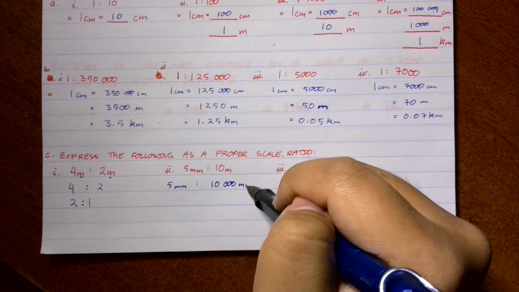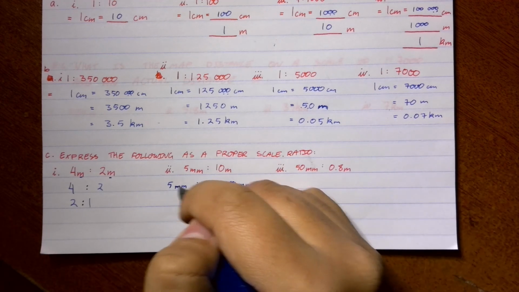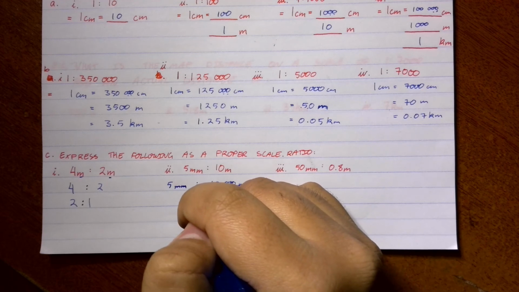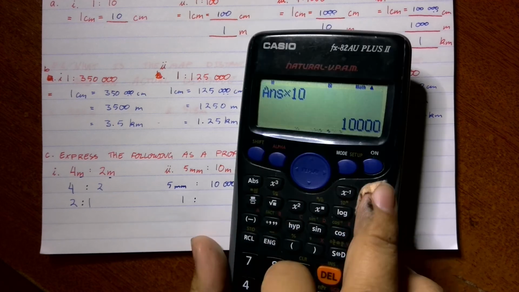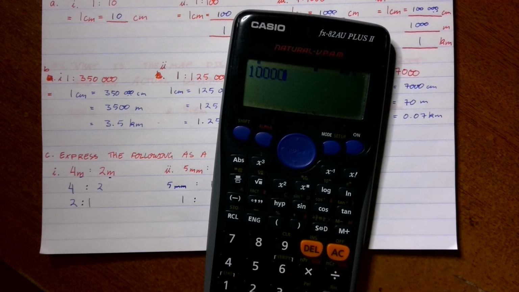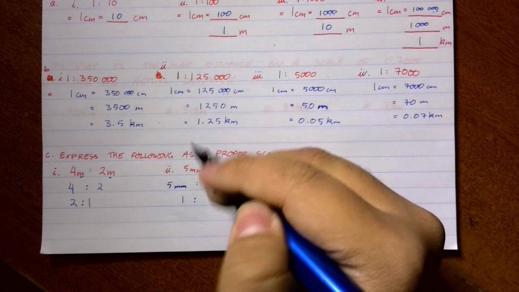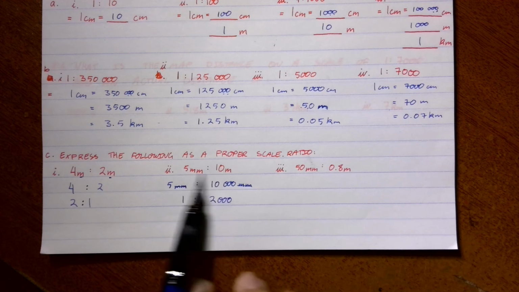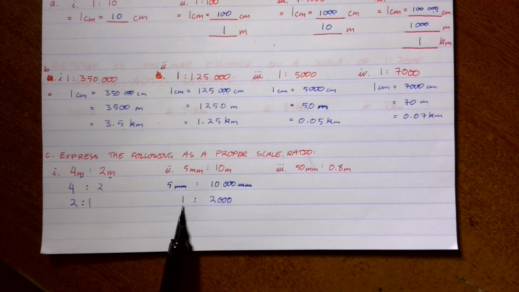We can now eliminate the units of measurement and divide everything by 5. So it'll be 1 is to, dividing 10,000 by 5, that is 2,000. 1 is to 2,000. So the scale of 5 millimeters is to 10 meters is properly expressed as 1 is to 2,000.